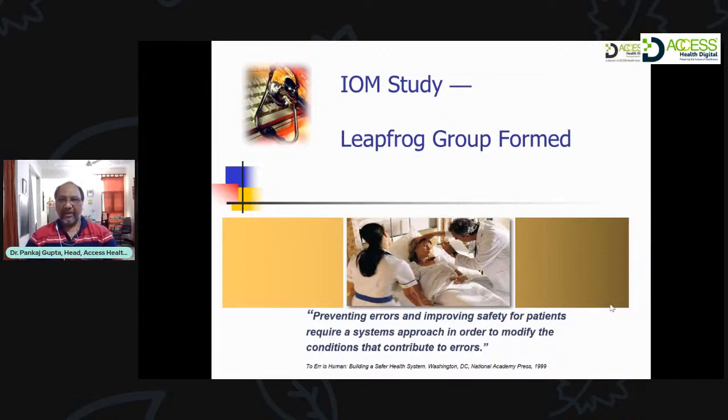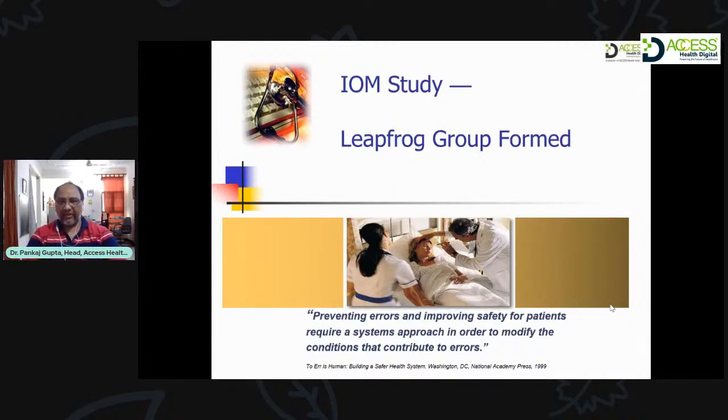Many of these large corporations got together and said, we need to be responsible for the safety of our employees, because if they are safe, then they can be productive. And how do we keep them safe? If so many preventable medical errors are happening, how do we make sure that they remain safe?